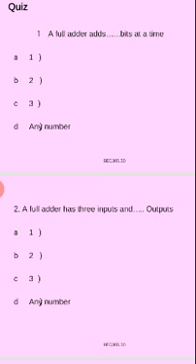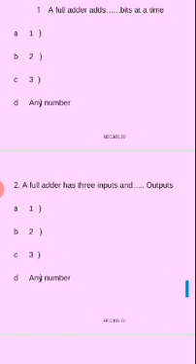Second quiz. A full adder has 3 inputs and dash outputs. It means a full adder has 3 inputs, but how many outputs does it have? A full adder has sum output and carry output.